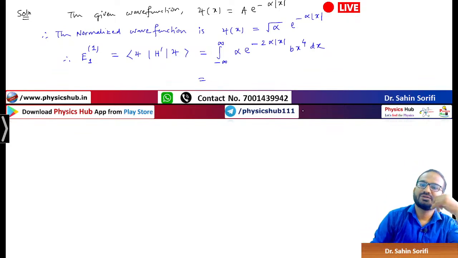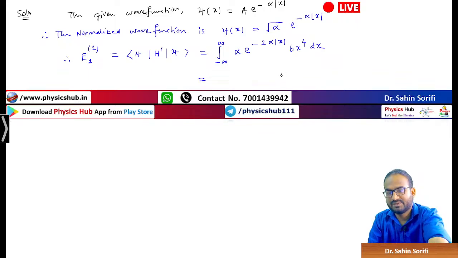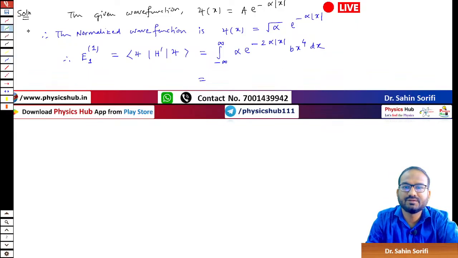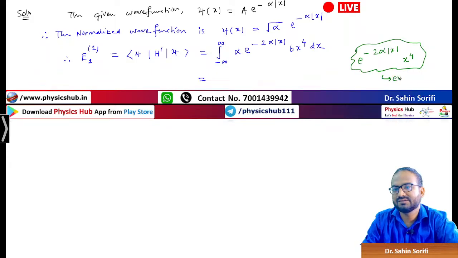Look here, if you put x equals minus x, what kind of function is this overall? If I consider, let's say, e to the power minus 2 alpha mod x, where alpha and b are constants, times x to the power 4, this function as a whole is undoubtedly an even function, right? If you calculate f of minus x, you will get f of x.